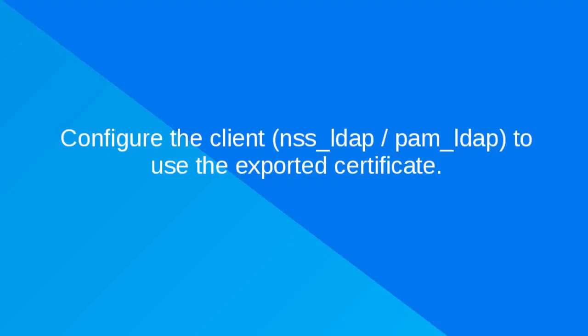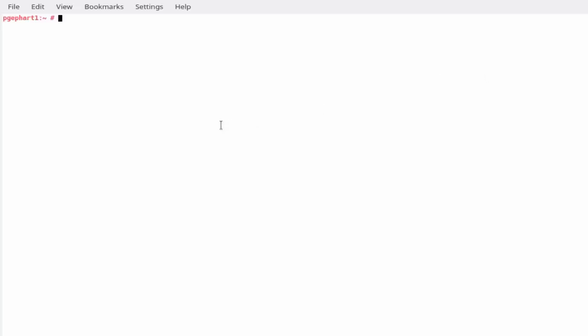The client needs to be configured to use the certificate and make TLS connections to the LDAP server. Copy the exported certificate to the SLES server. Place the exported certificate file in the /etc/ssl/certs directory on the SLES server.